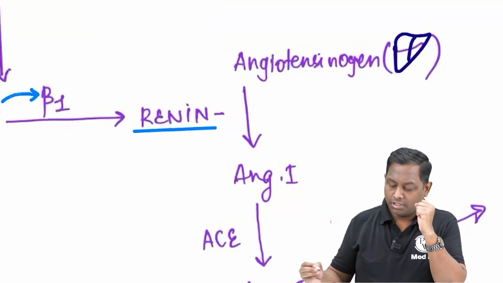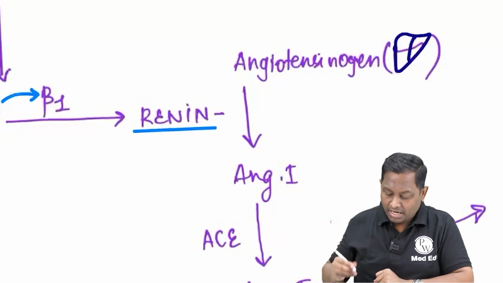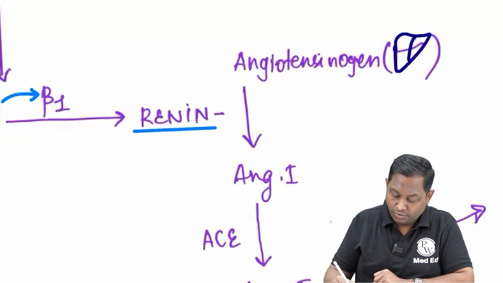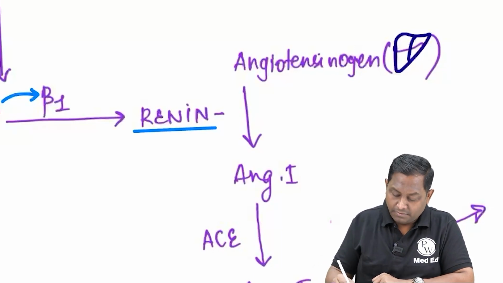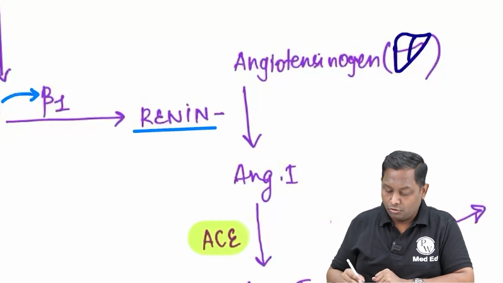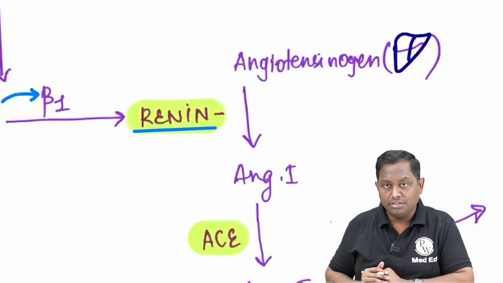So they are going to cause conversion of angiotensinogen to angiotensin 1, and angiotensin 1, guys, remember, will be converted to angiotensin 2. 1 किस में बदल जाएगा? Angiotensin 2, with the help of an enzyme given the name as angiotensin converting enzyme. तो पहले क्या आया? पहले आया रेनिन, and renin के बाद आया angiotensin converting enzyme.